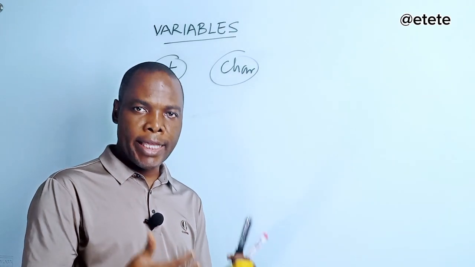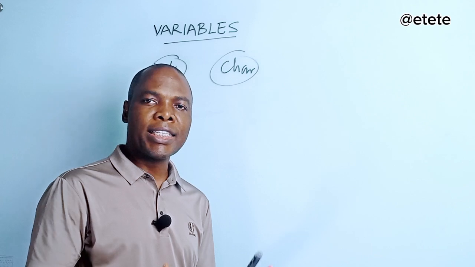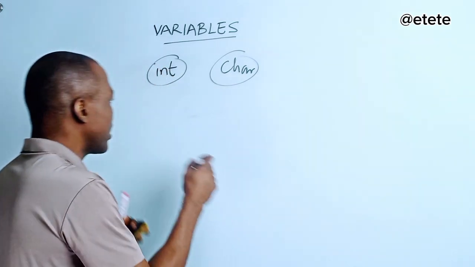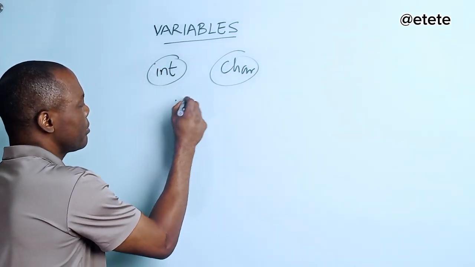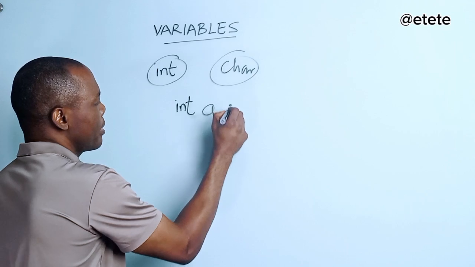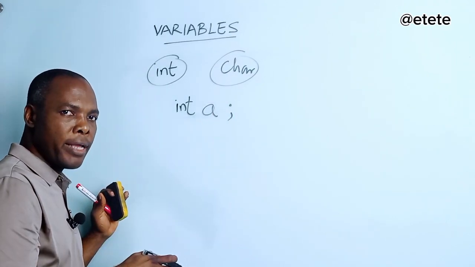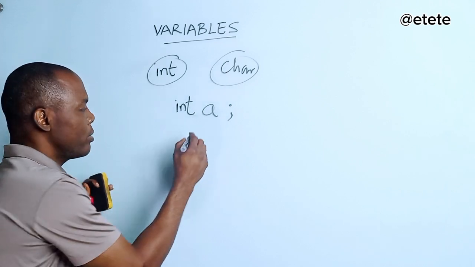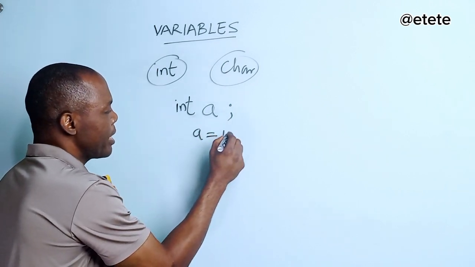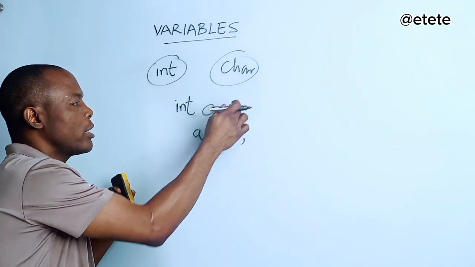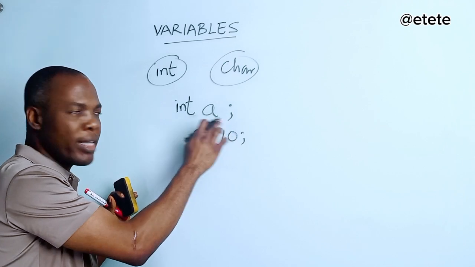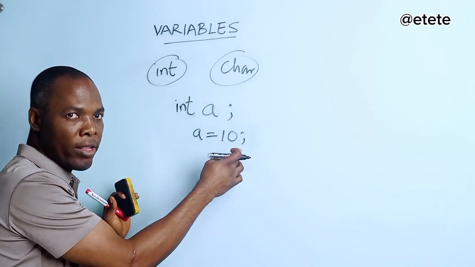You have to declare the A first before you can assign a value to it. So the first thing I will do is I will say int A. This is me creating the variable A, right? And then I want to assign a value to it. I will now say A, assign 10. The semicolon is just telling you that this is a statement and this is the end of that statement.